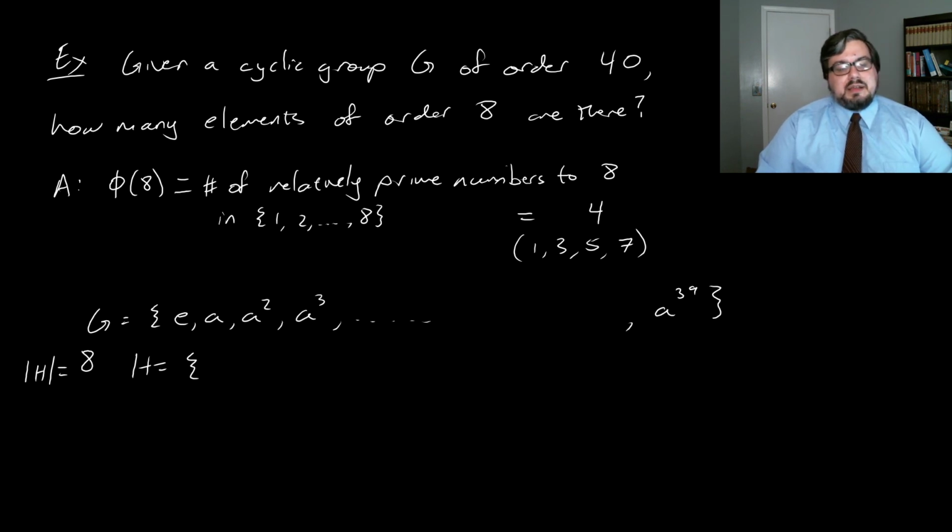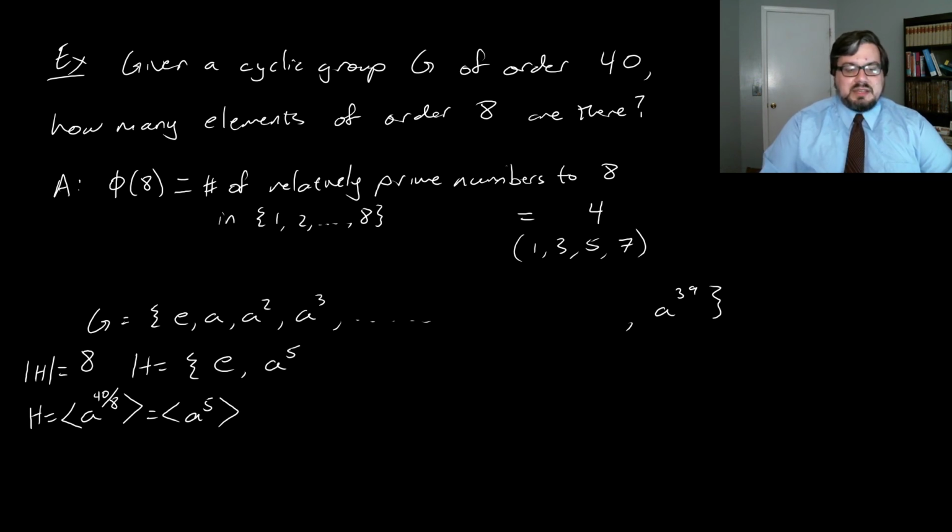The subgroup of order 8 is given by taking the element a to the 40 divided by 8. You take the order of the group and divide by the order of the subgroup that you want. So that's going to be the subgroup generated by a to the 5th.